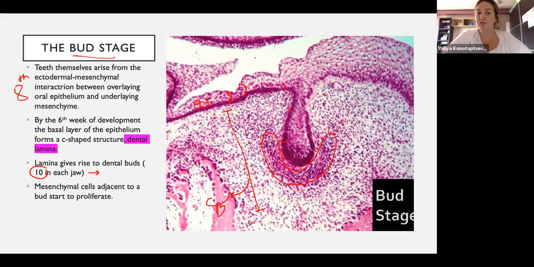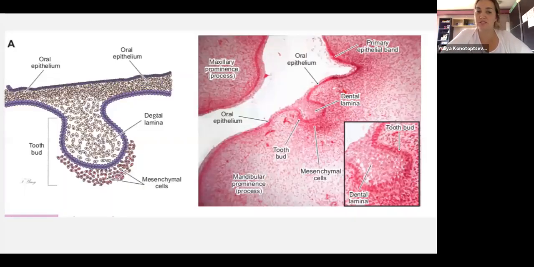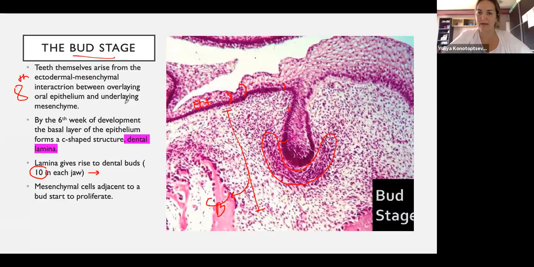There is a very important structure that we have to pinpoint. Unfortunately, in the book they say that it is here, but in the lectures they say it is here. The structure is called the dental lamina. I go back here, this right here is known as the dental lamina. What is the dental lamina?